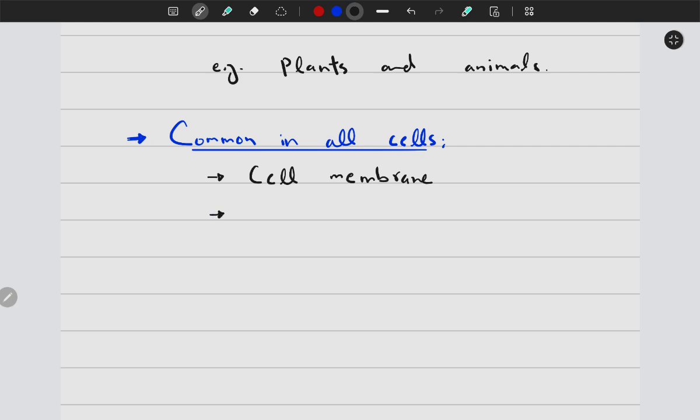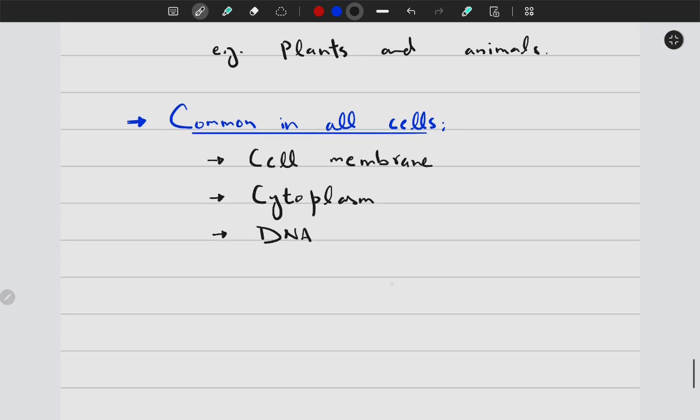Anything going in or out of the cell is controlled or regulated by the cell membrane. Then inside the cell membrane, there is a fluid called cytoplasm. Every cell must have a cytoplasm. DNA. Every cell usually at some stage must have a DNA molecule, okay?